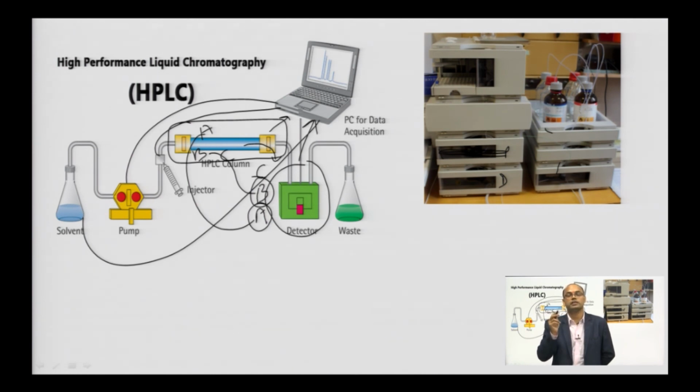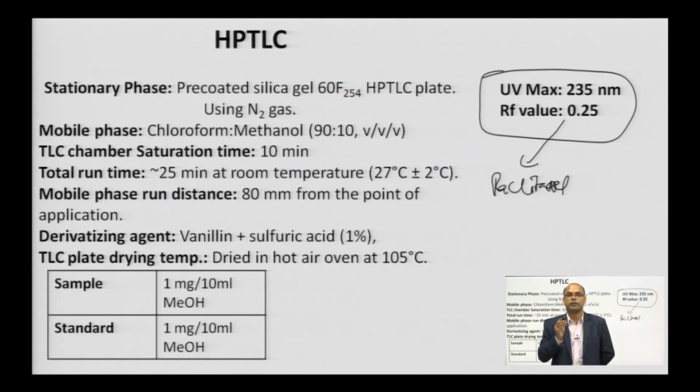In other words, the more opposite the nature of the stationary phase and the component, the lower the retention time, and the retention time will be higher if they are of the same polarity. So, in this way you can carry out the HPLC analysis of your sample.